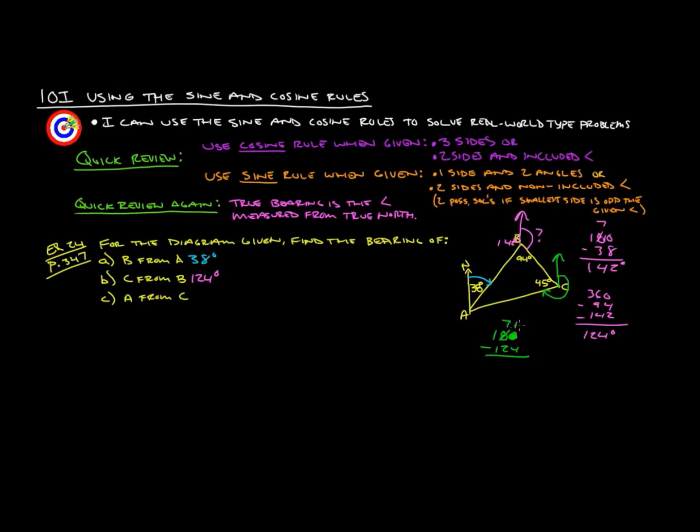And then we get that this is, no, not 156, but just 56. So this here is 56 degrees. Then to figure out this bearing angle here, we're just going to do 360 minus the 45 and minus the 56.